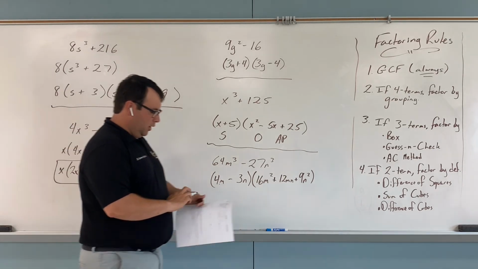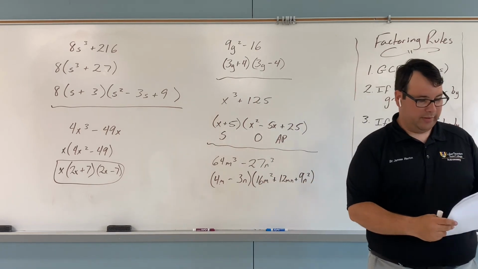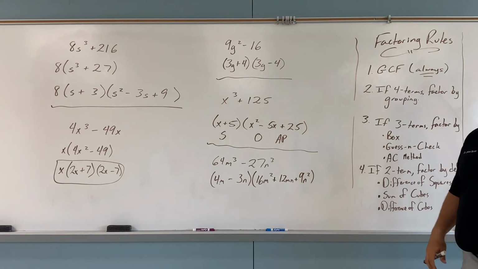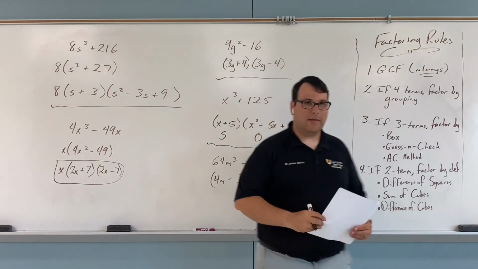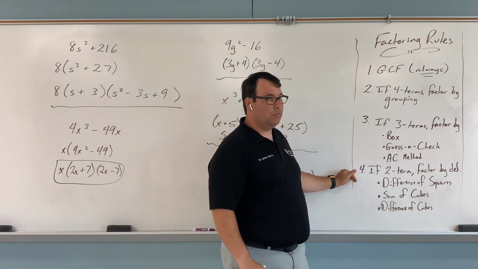So just to go back on everything we were saying, whenever you're looking at factoring, factoring follows a very precise, step-by-step process. And that's coming down to these 4 rules.